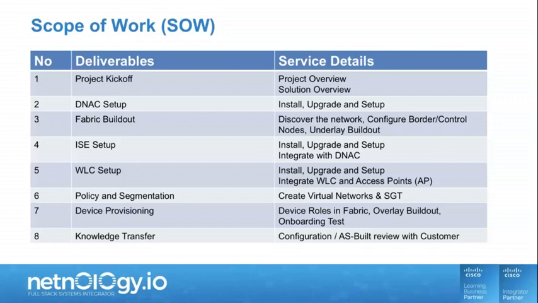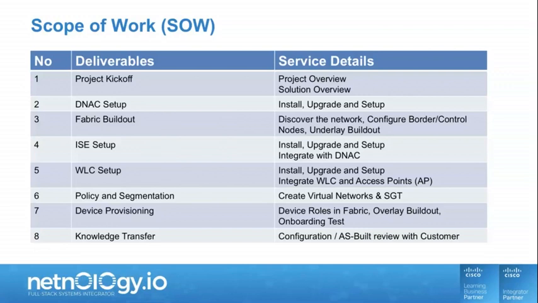Now let's look at the scope of work based on everything that we have discussed so far. We talked about customer requirements, customer outcome, and bill of material. Now, all of this has to translate into a scope of work document.